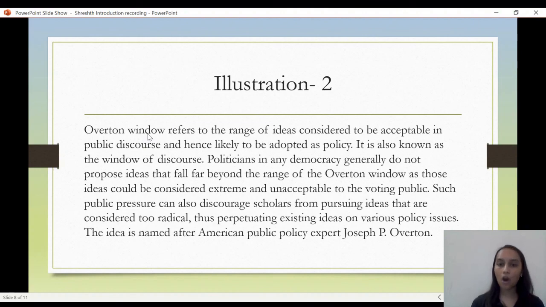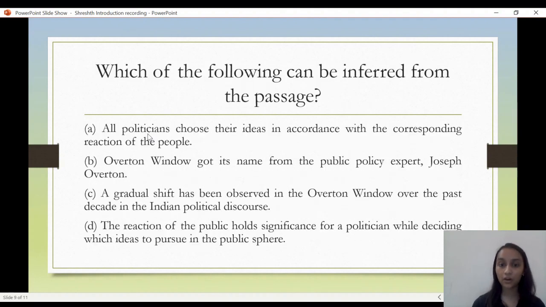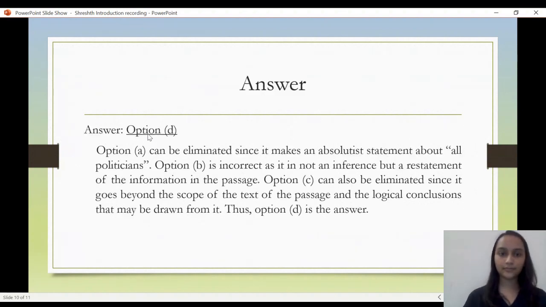Only because the public is finding it unacceptable is the politician deciding not to pursue those ideas in their political discourse, right? So this is why we can infer that the reaction of the public, the opinion of the public has great importance, has significance for a politician when he's deciding which ideas he wants to pursue in the public sphere. So this is the correct inference, option D. That's what this also reads.